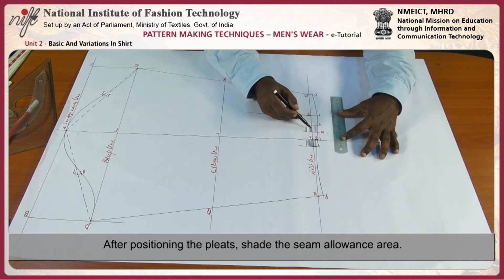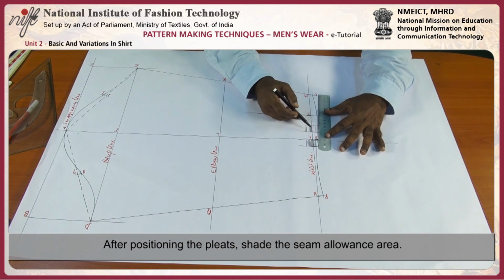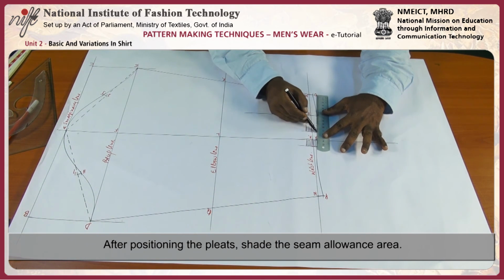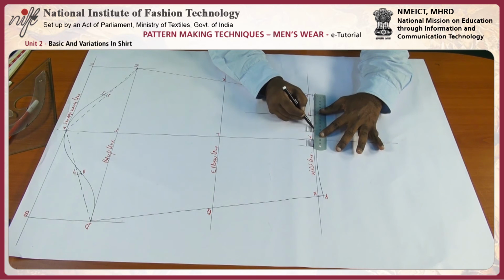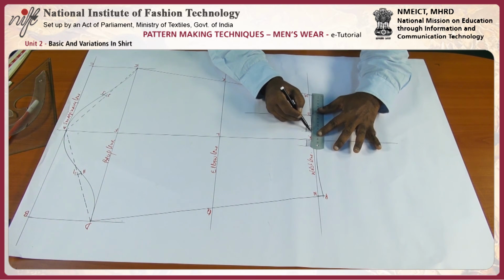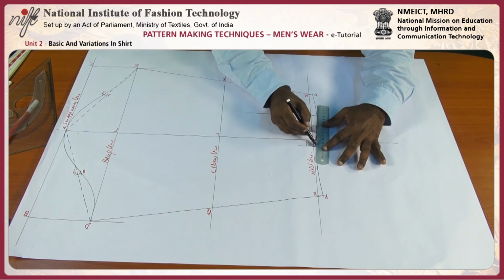After positioning the pleats, it's possible to show the pleat allowances with shading marks as shown in the demonstration. It can be shown like this.